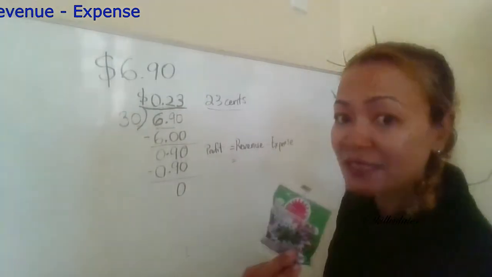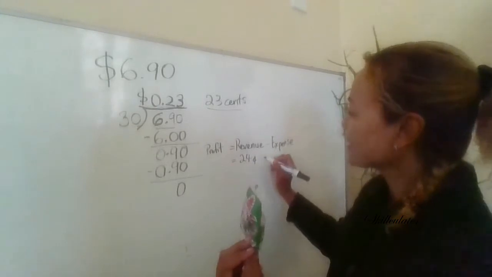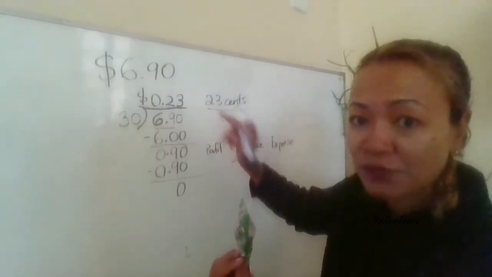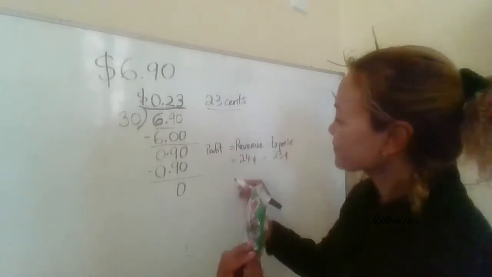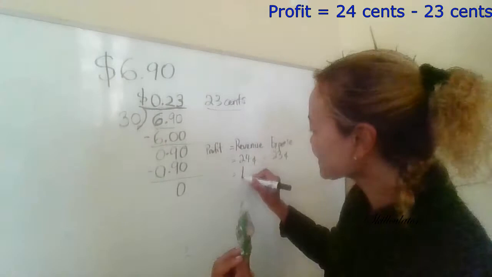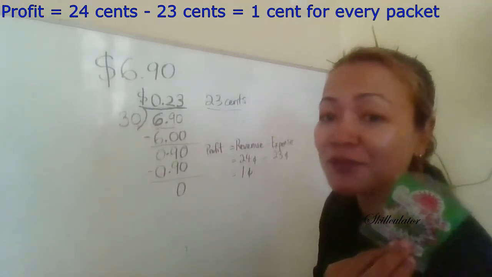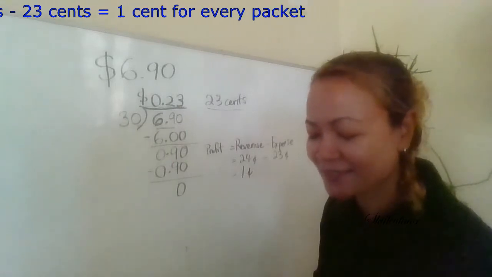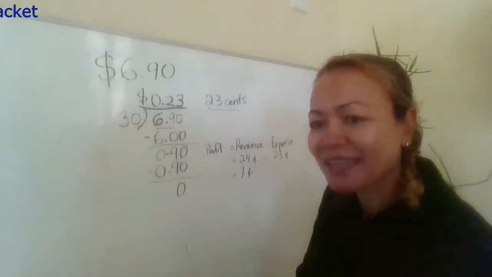If the revenue is 24 cents and the expense is 23, which is what I paid, 24 minus 23 is 1, right? 1 cent. I make a profit of 1 cent on this bag. Right? Okay.